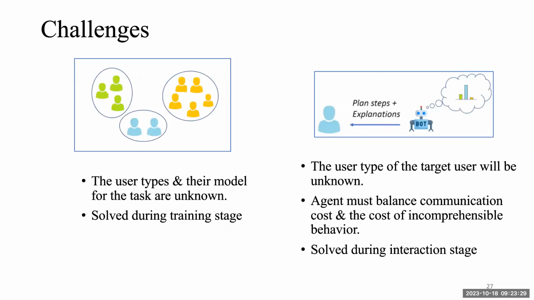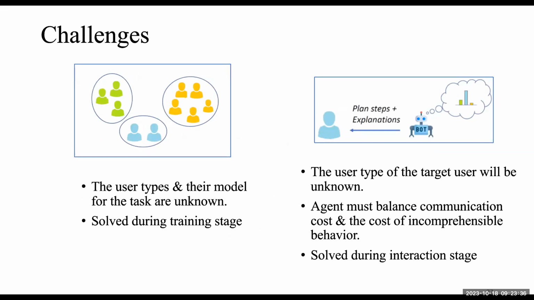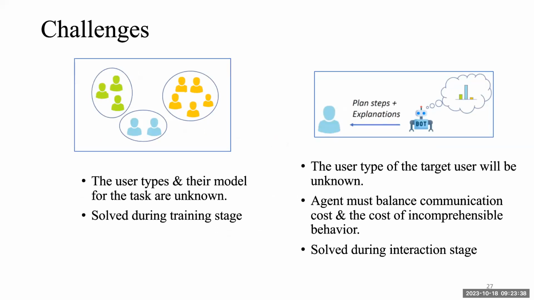So what are the challenges when we assume there are types of users? The first challenge is that we do not know what these different types of users are, and we do not know their model of the task, which is required for generating explanations. This is solved during the training stage of our framework.